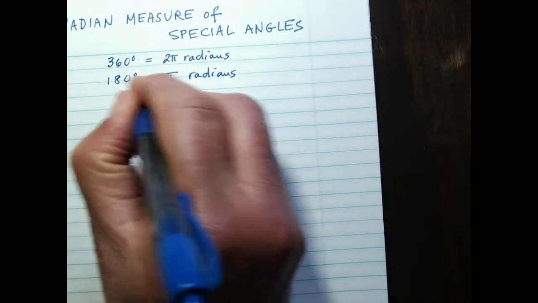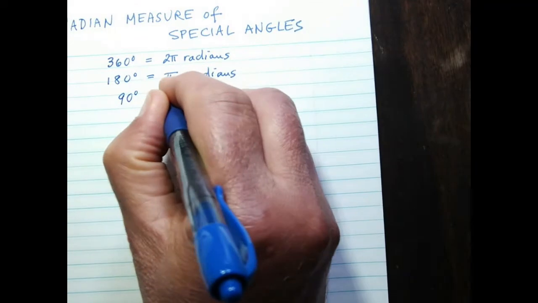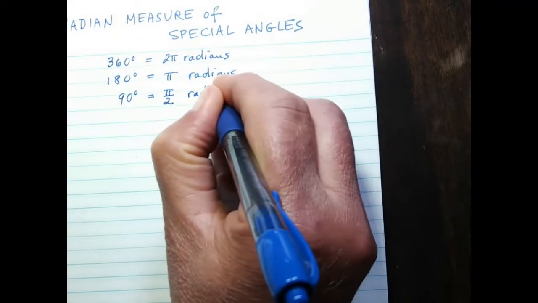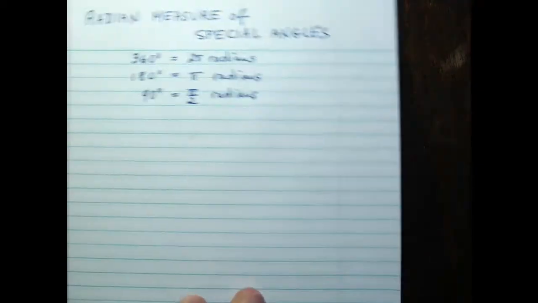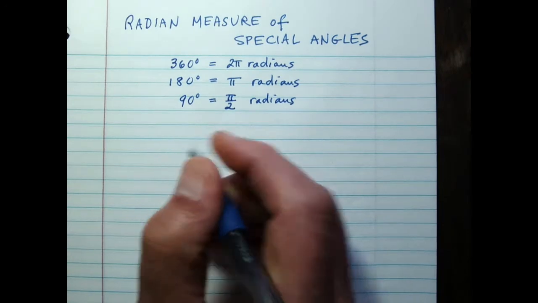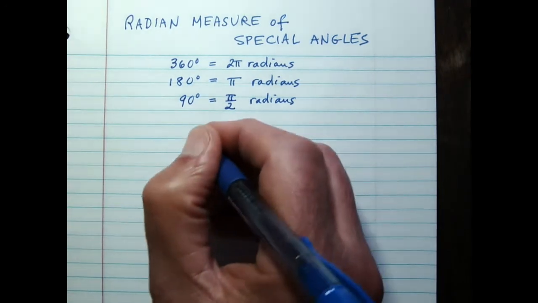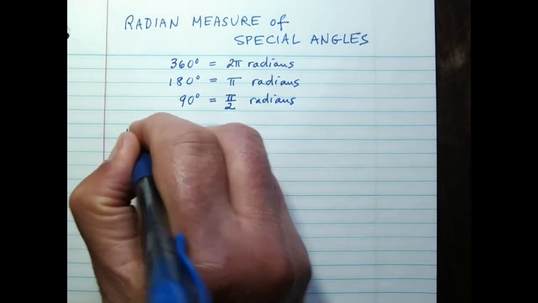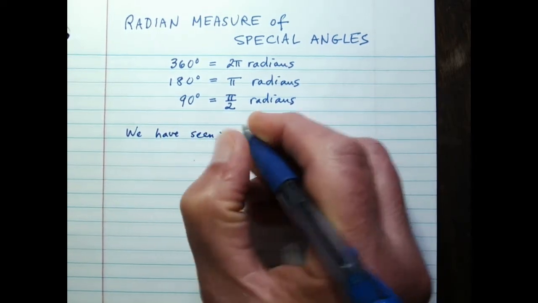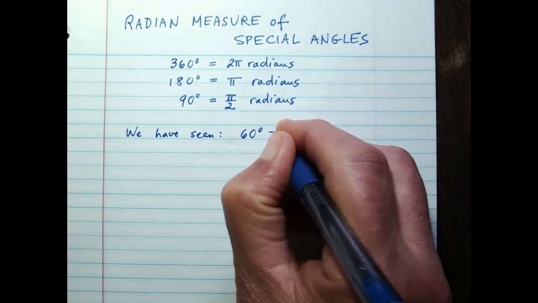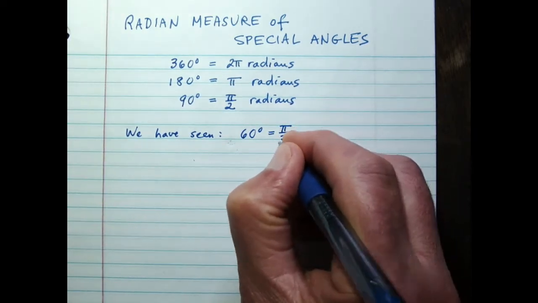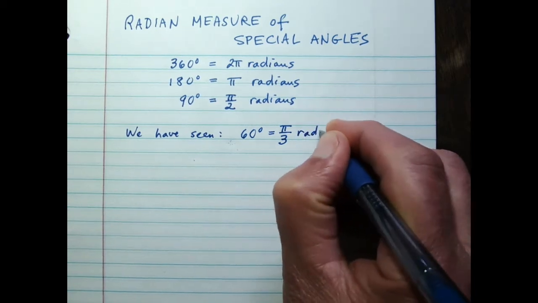And 90 degrees is pi over 2 radians if we cut that in half again. And in the last video we saw that 60 degrees is pi over 3 radians.